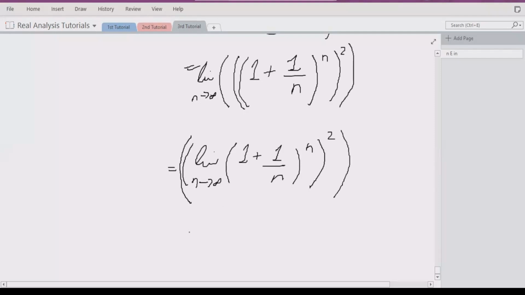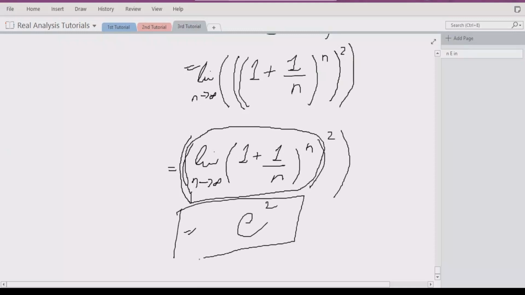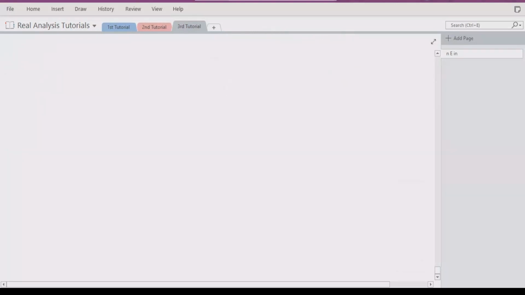So now again, the limit as n tends to infinity of 1 plus 1 over n, and the power is again the same, which is n. So I can write e, and the 2 is in the same position.